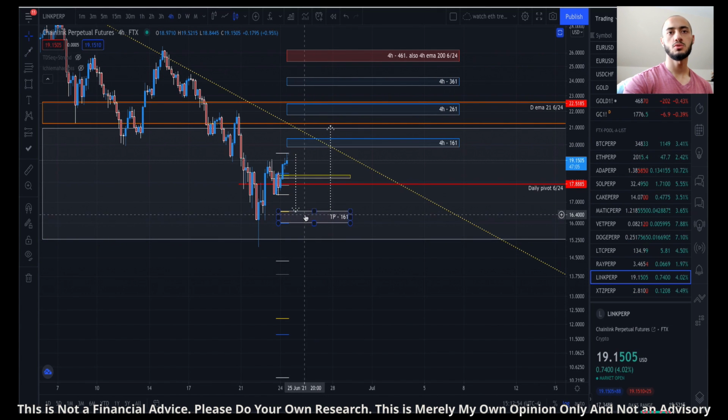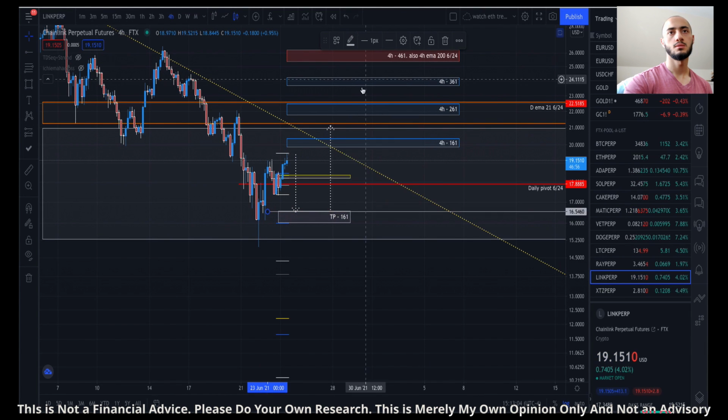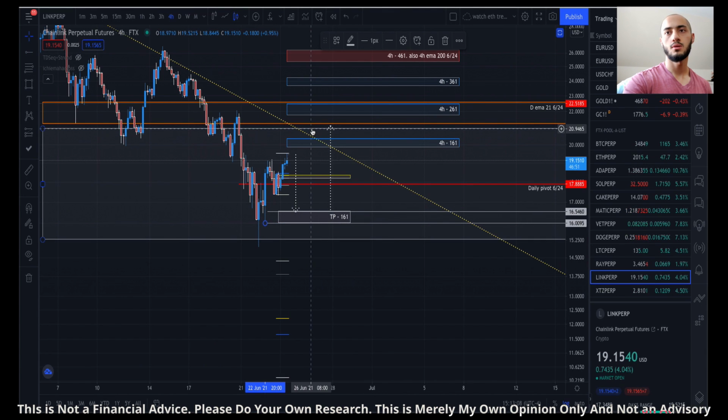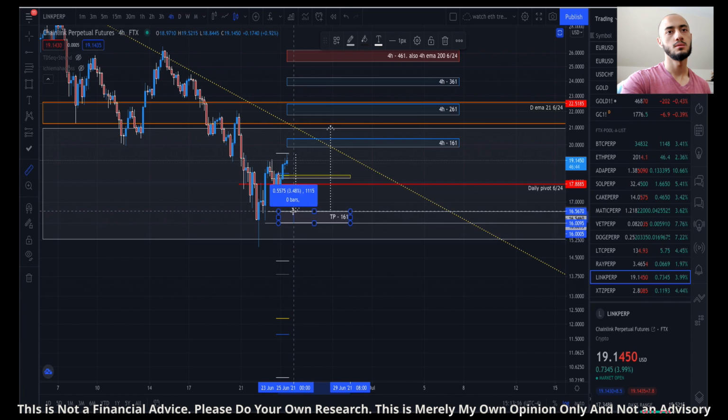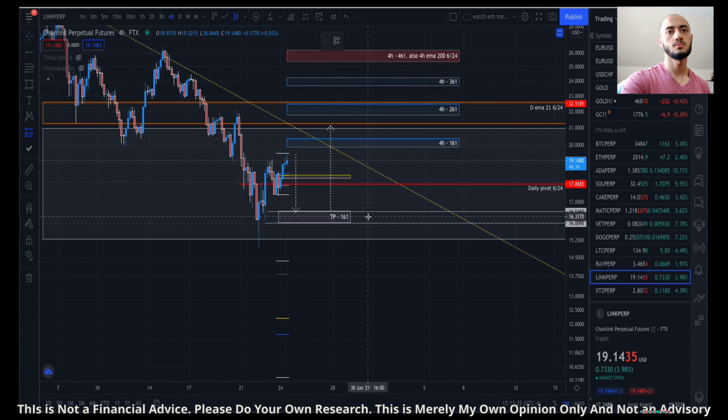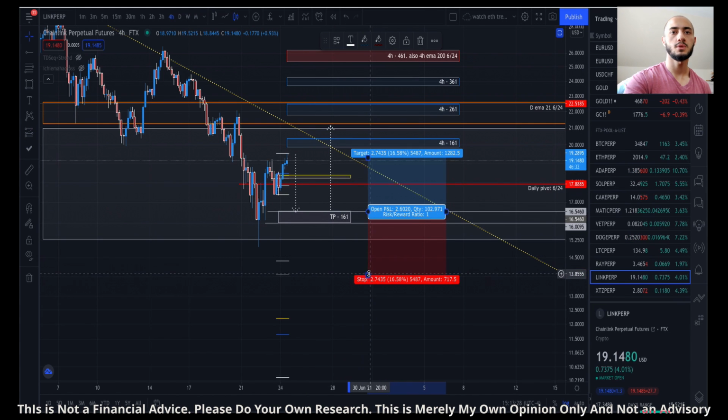So a good place to buy would be in the 16 zone, 16.5 and 16. Aim for the top.